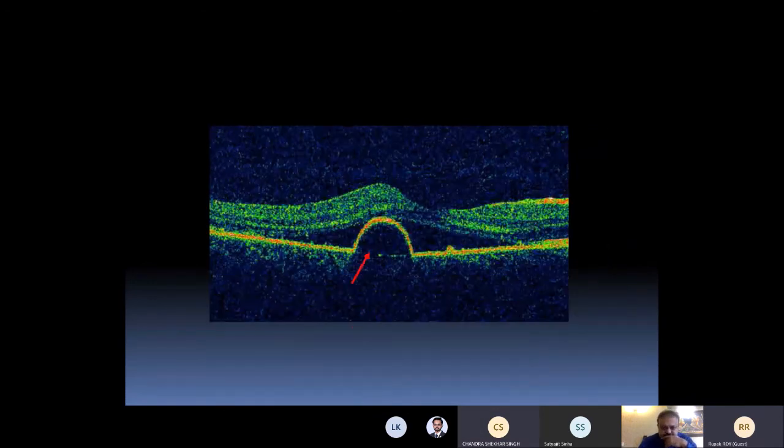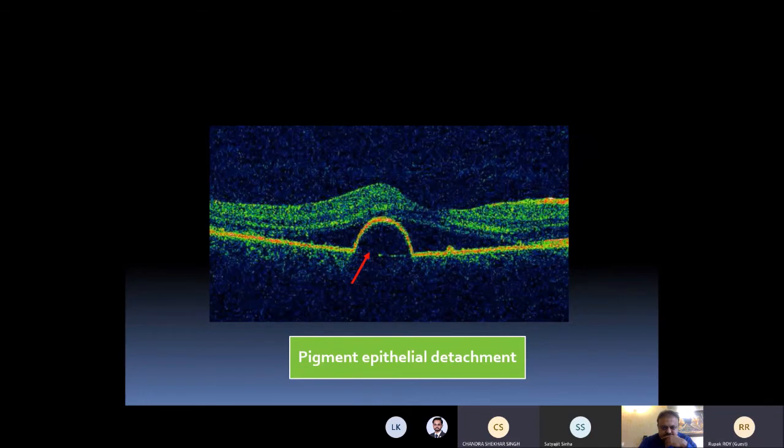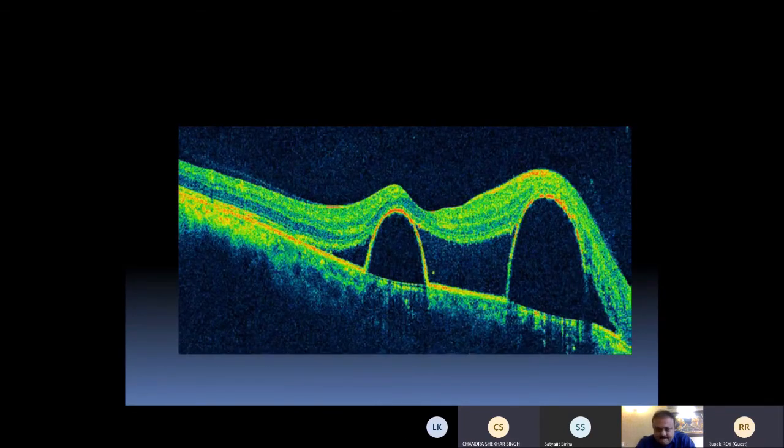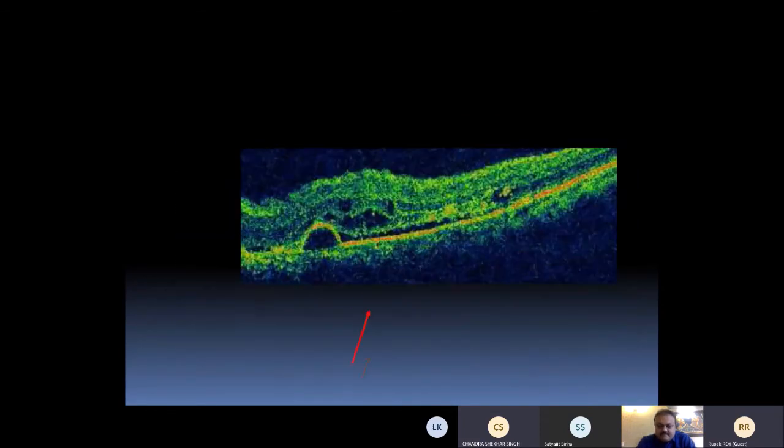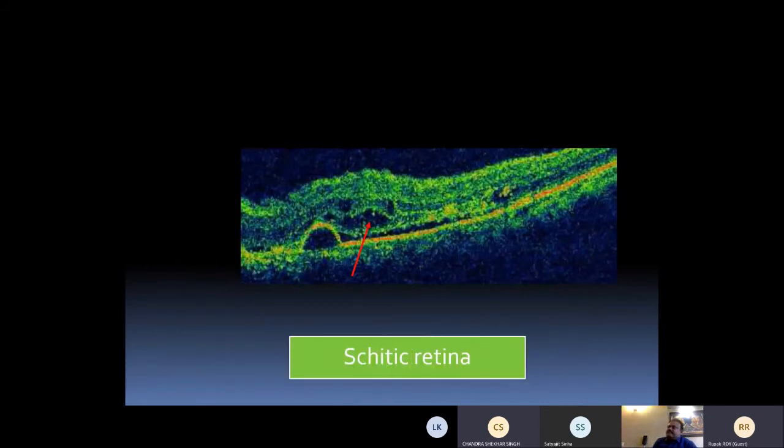PED is a common accompaniment of CSR, seen in almost 90% of patients. Very tall PEDs like this, retina, it is a very chronic case of CSR.